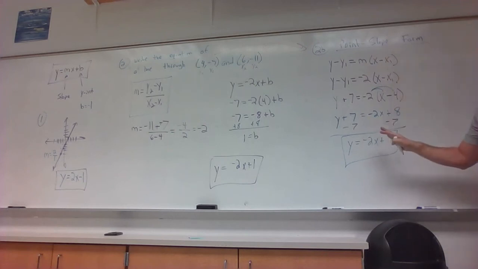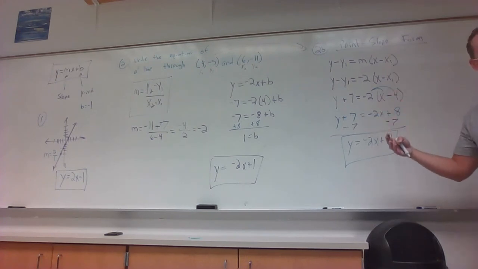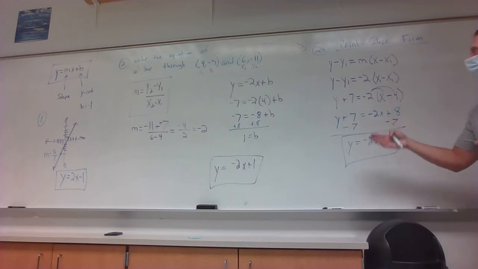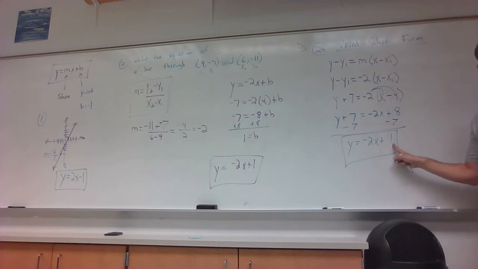After we simplified, we still would get the same answer, because it's still the same line. Remember, x and y just stand for all the points on the line. There's multiple points on this line that we can plug in. This stands for the y-intercept. There's only one y-intercept, and the slope is always constant. It always stays the same.